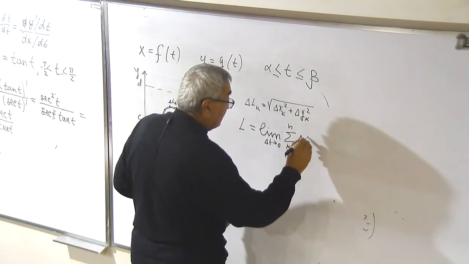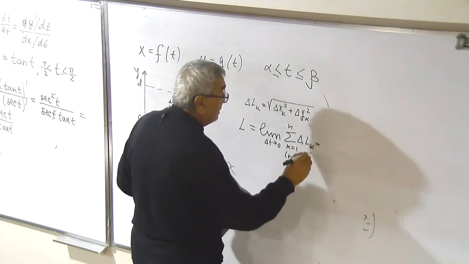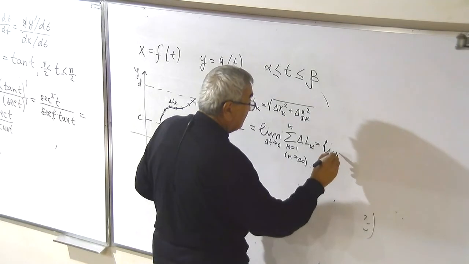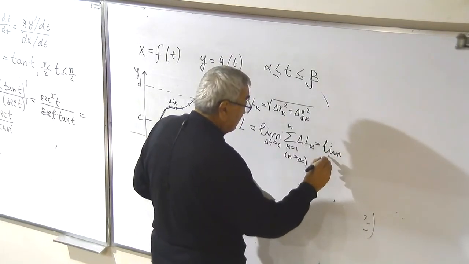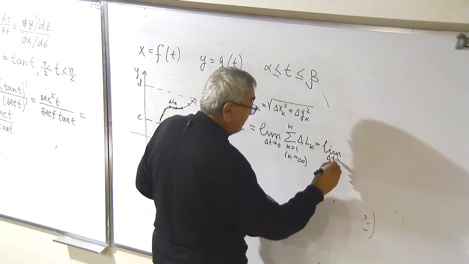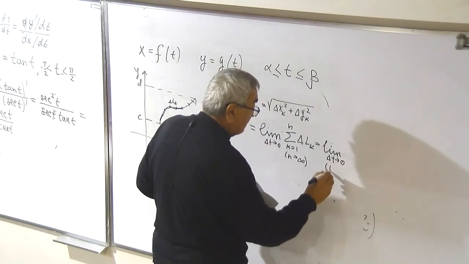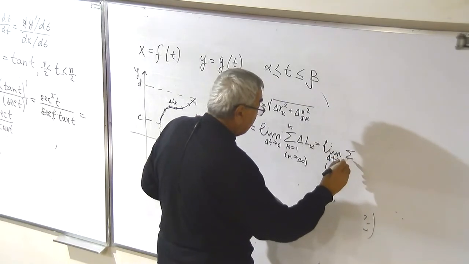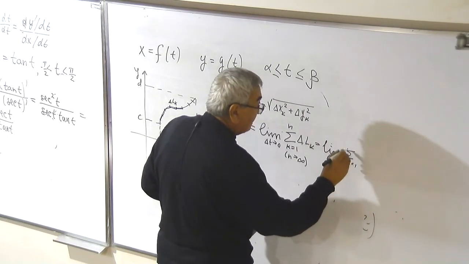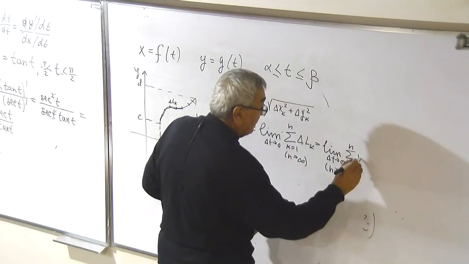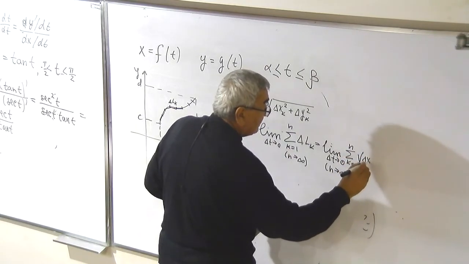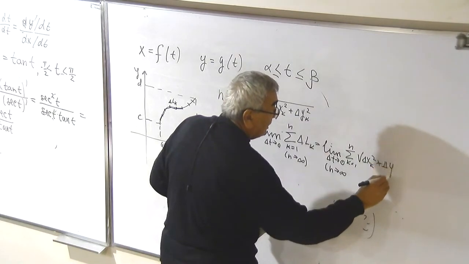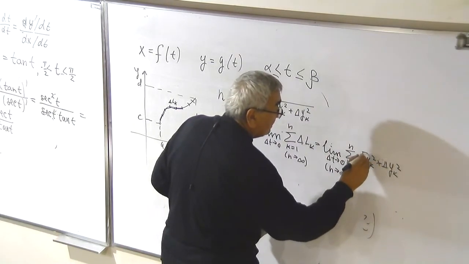So L equals the limit, delta t going to 0 and n going to infinity, of the sum over k from 1 to n of the square root of delta x_k square plus delta y_k square.